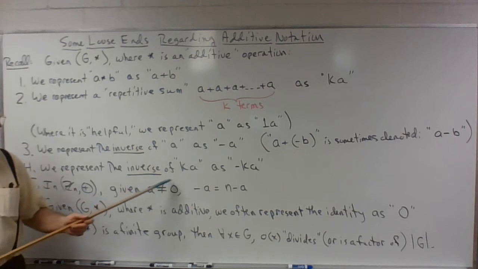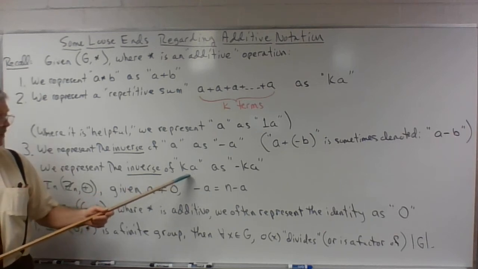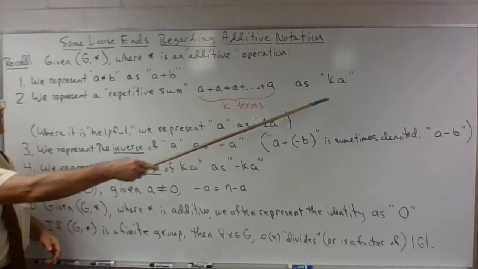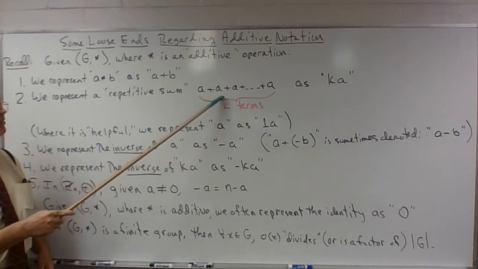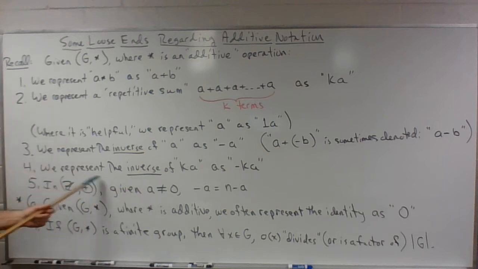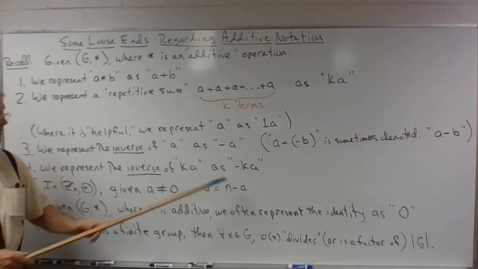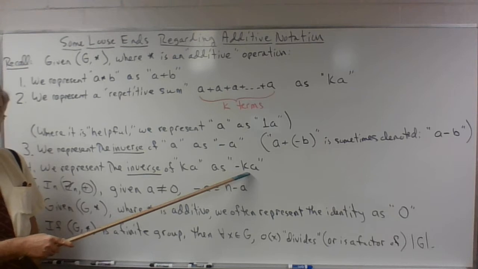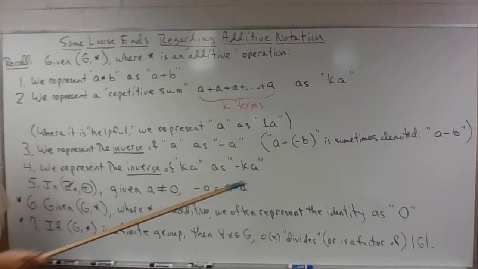We represent the inverse of Ka, where Ka is the repetitive sum, A plus A plus A, k times, as negative Ka.